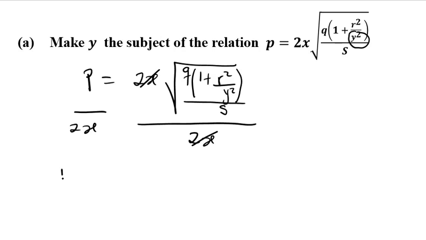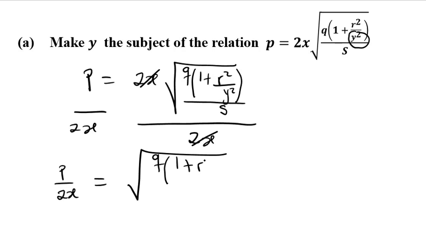So now I will be having p over 2x being equal to the square root of q multiplying 1 plus r squared over y squared, all over s. Now that the 2x is not attached to the root sign, what you can do next is to get rid of the square root sign. If you want to get rid of the square root sign, you square both sides.